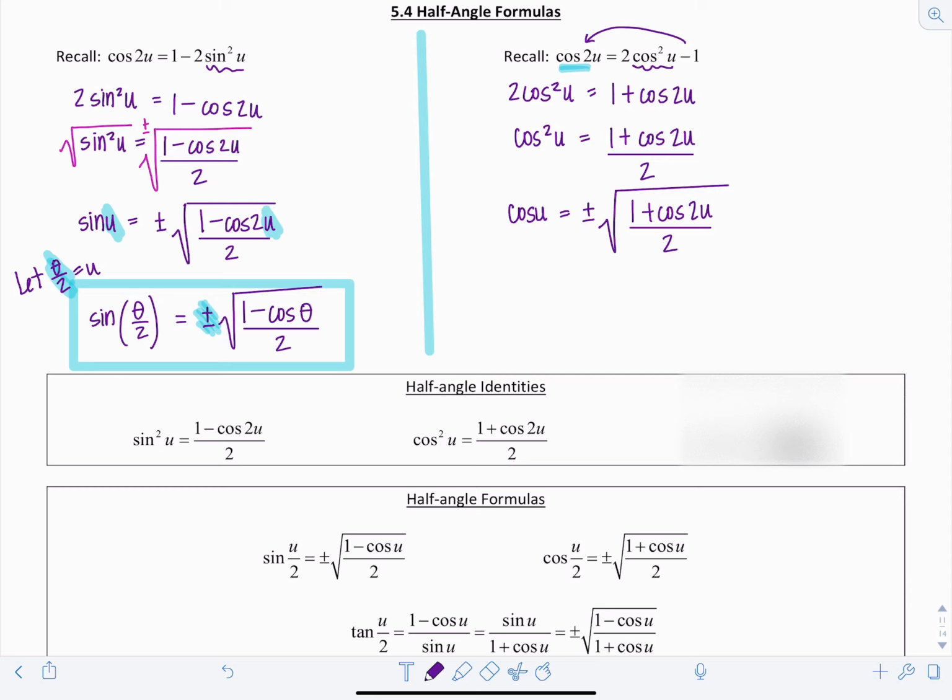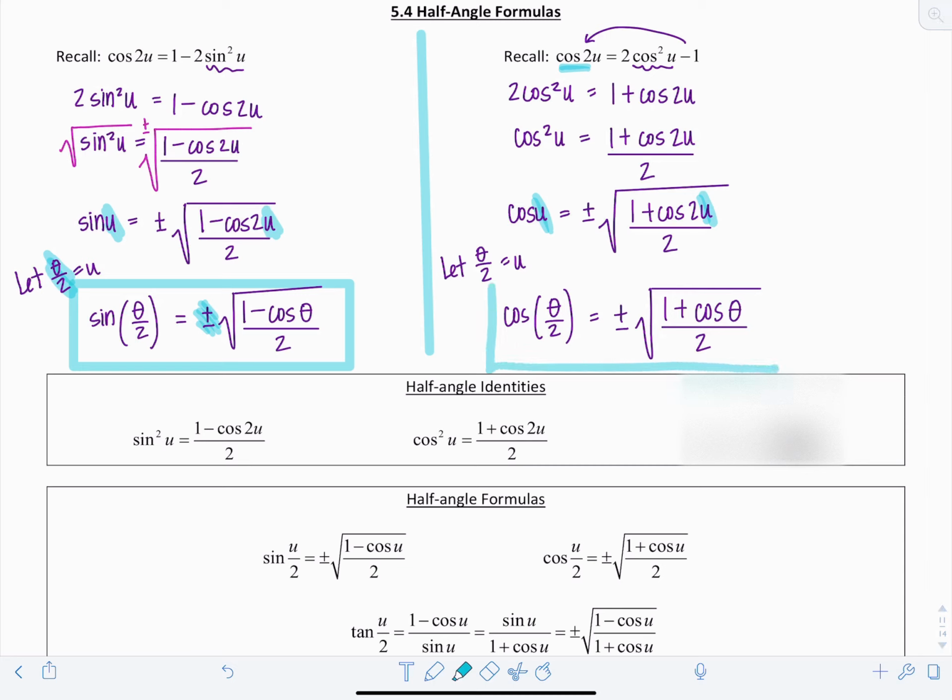And then similar to last time, we're going to let theta divided by 2 equal u. So everywhere there's a u, I'm going to replace that with theta over 2. So cosine of theta over 2 equals plus or minus the square root of 1 plus cosine theta over 2.